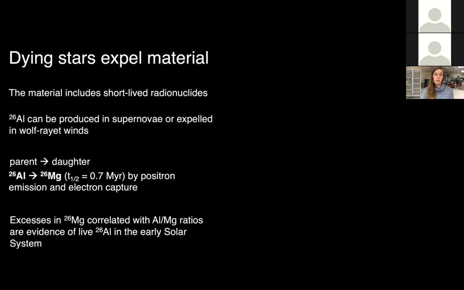So there is no aluminum-26 that exists today, but we can measure excesses in the daughter product, magnesium-26, and correlate this to aluminum over magnesium ratios as evidence that there was live aluminum-26 in the early solar system.